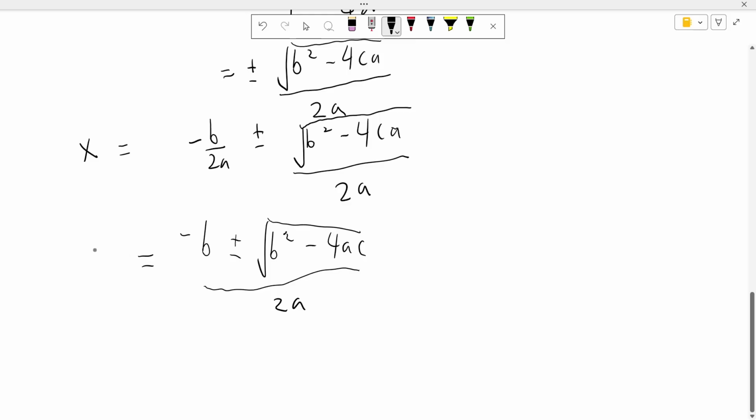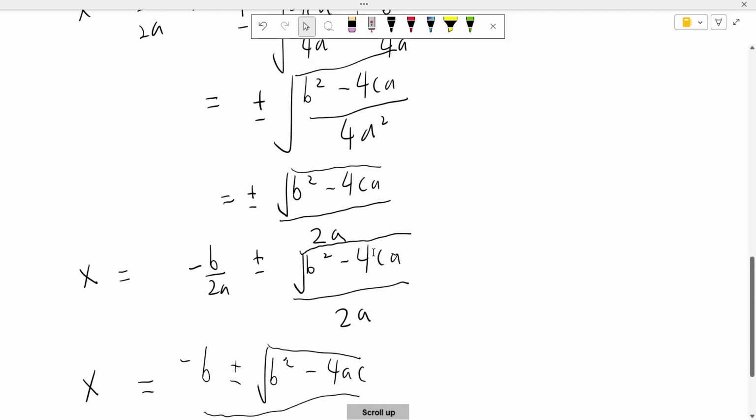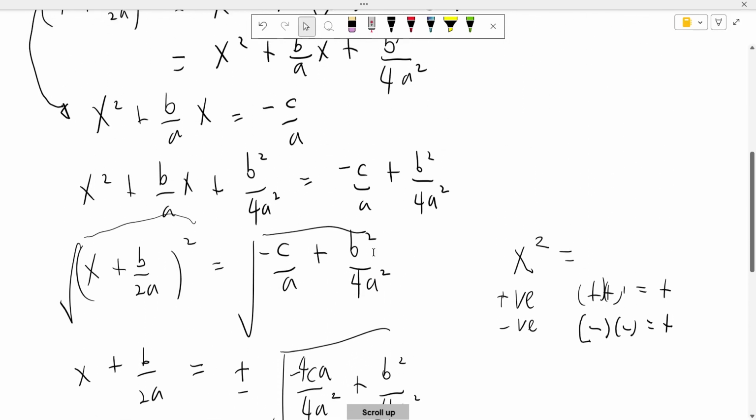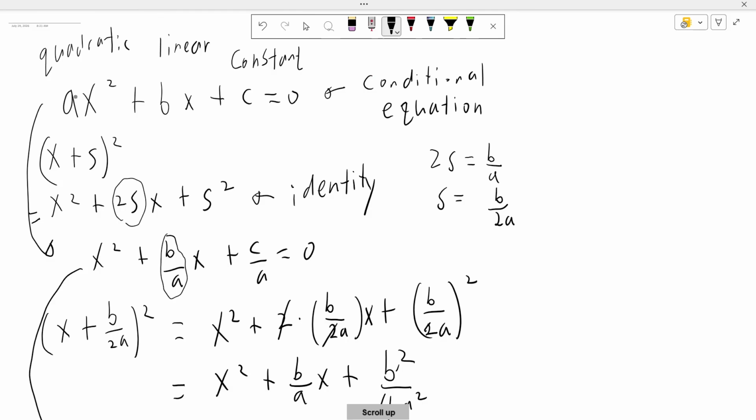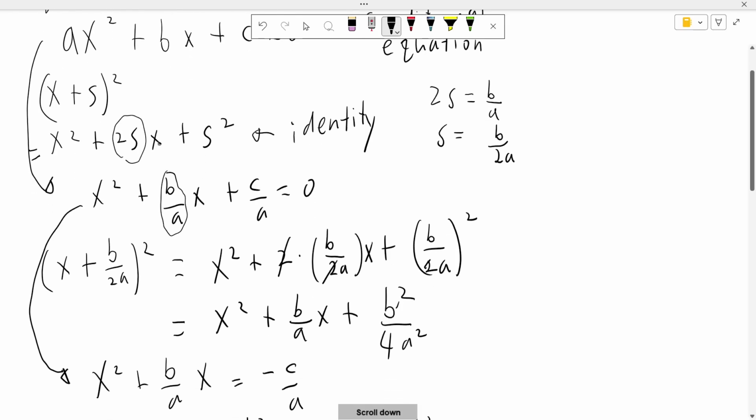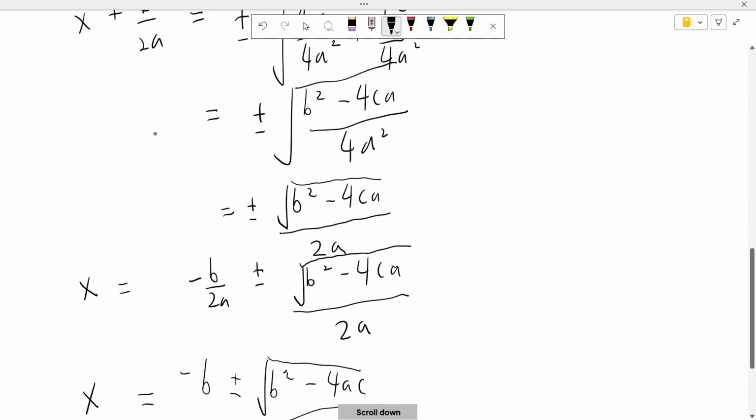Okay, so now whenever we see an equation in the form of a quadratic equation like this, where a, b, and c can be any numbers, we now know a way to solve for x is by using the quadratic formula.